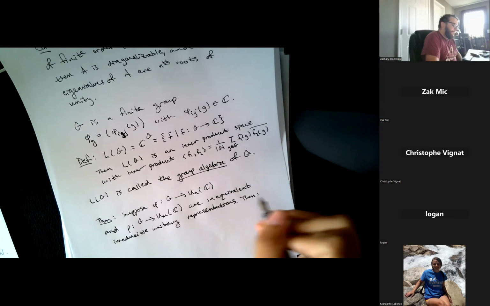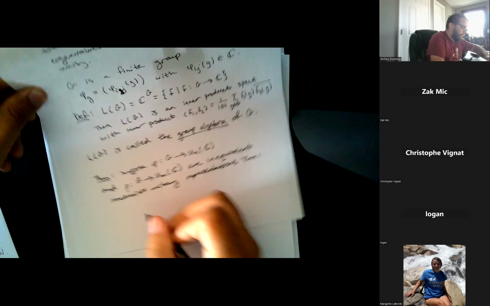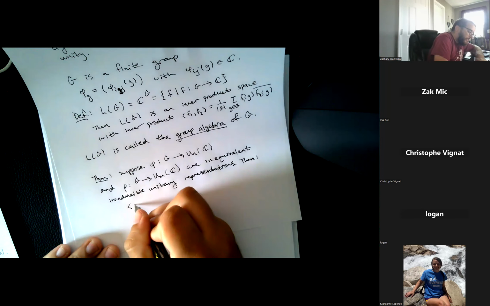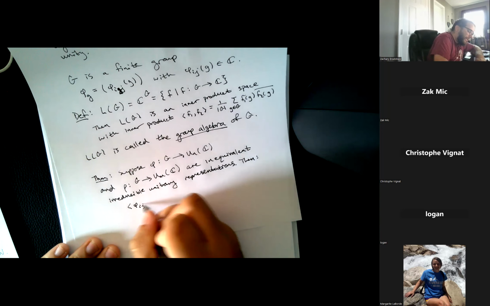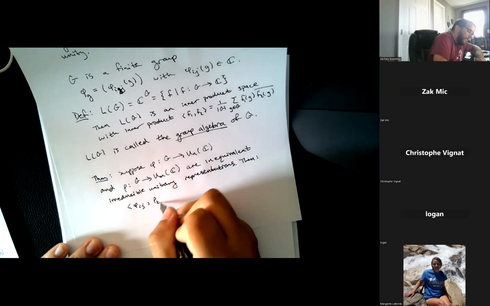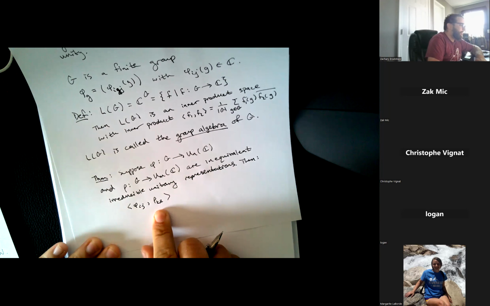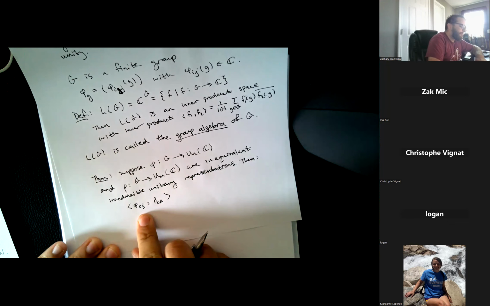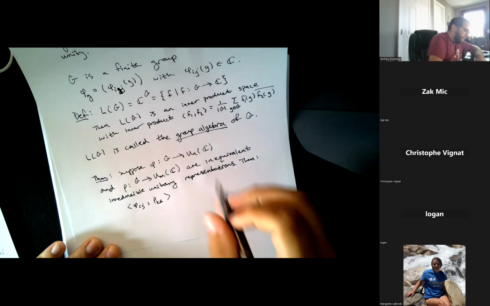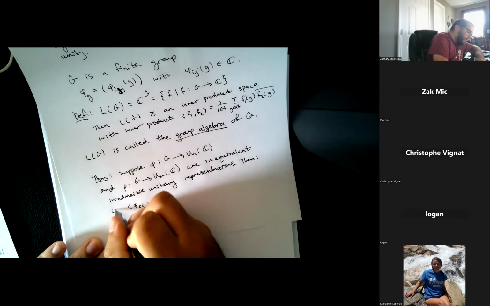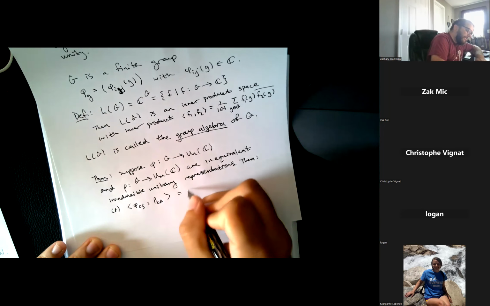Well, then the following hold. The inner product of phi ij with rho kl. So these are elements of the group algebra, right? They're maps from the group to the complex numbers. Well, first of all, this thing is equal to 0.